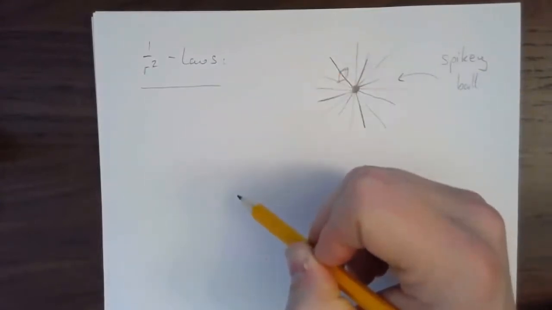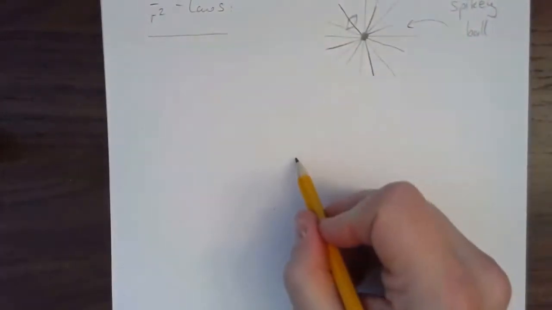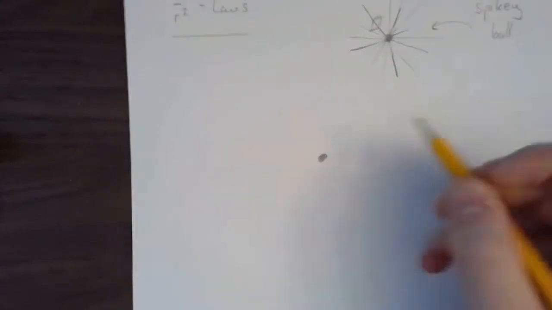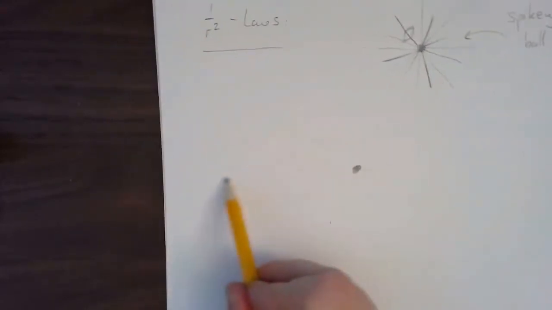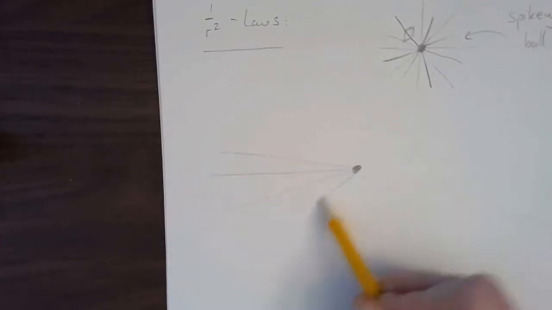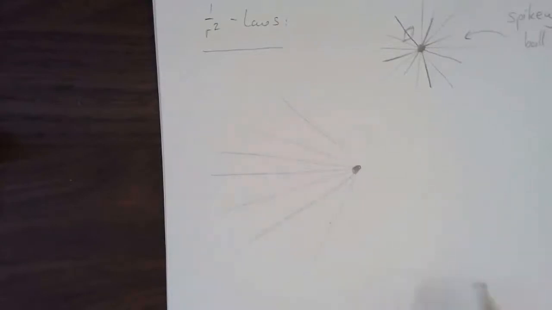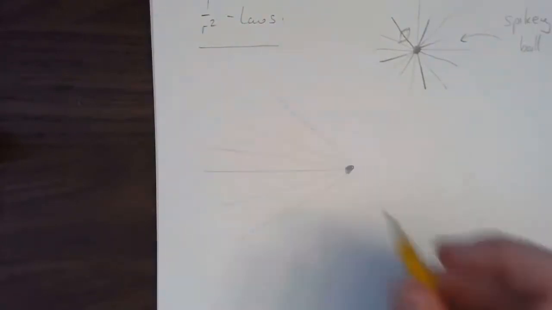Now I move this window twice as far away, right? And what happens then? Well, I can draw it sort of in 2D for you. Let's imagine this is my ball, and you can imagine those spikes, they do this. Just bear with me right now. They go in all sorts of directions, so I'm just going to focus on the left side here.